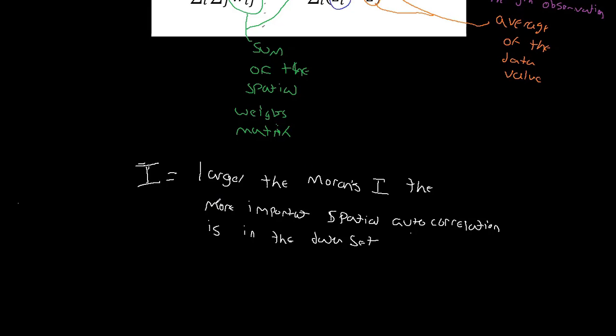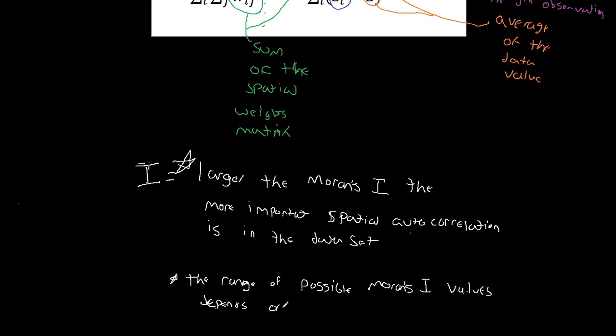Now, I'm going to put an asterisk here. And the asterisk is the range of possible Moran's I values depends on the spatial weights matrix.